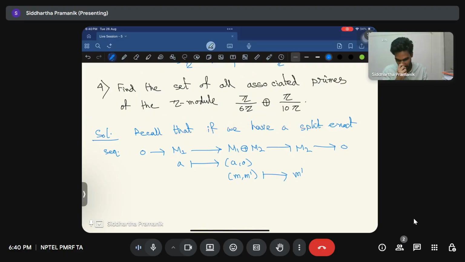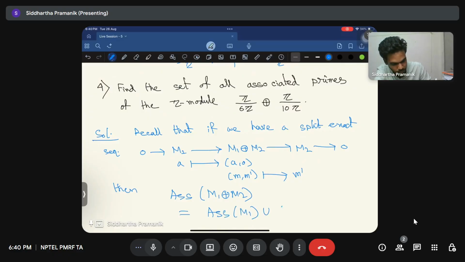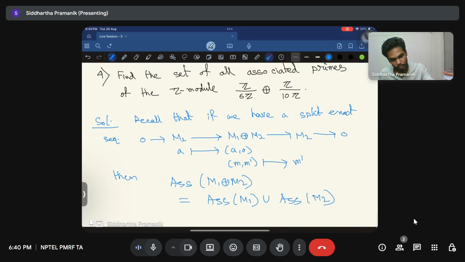If we have a split exact sequence, or if we have a direct sum, then the associated primes of the middle one, the direct sum, are the union of the associated primes of the extreme modules. So here we have the equality. Let's use this fact.